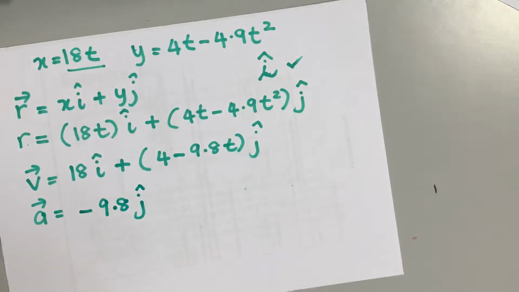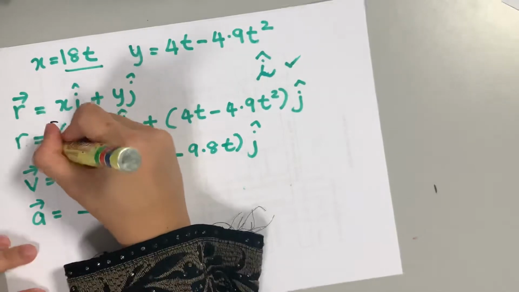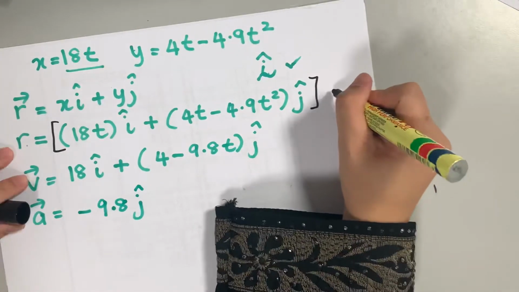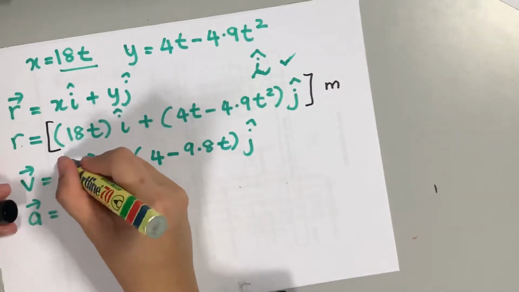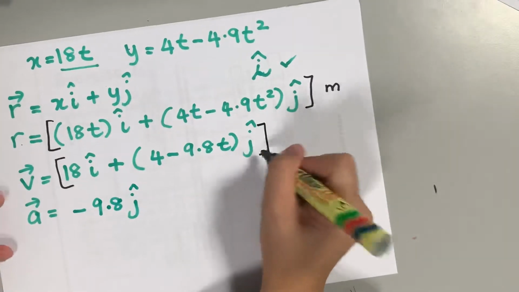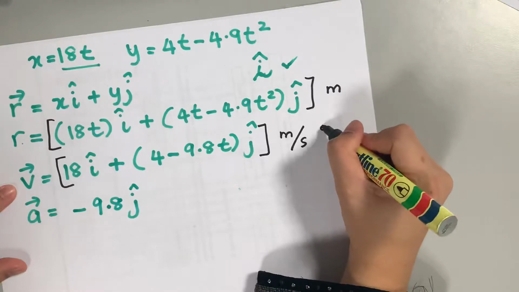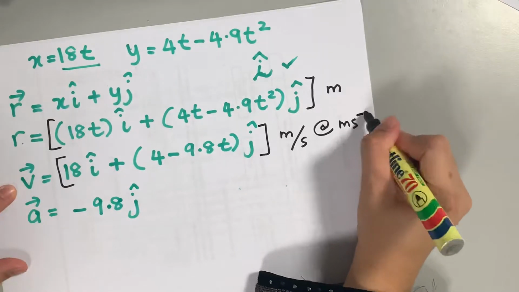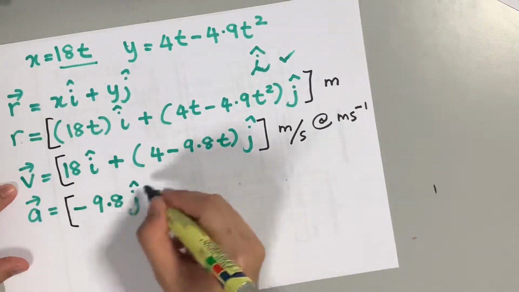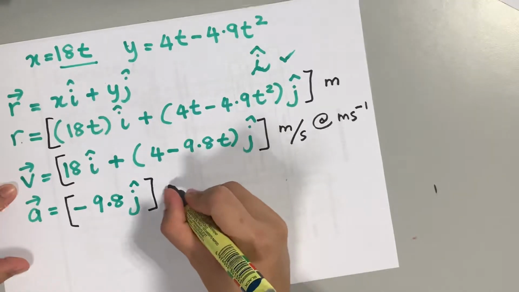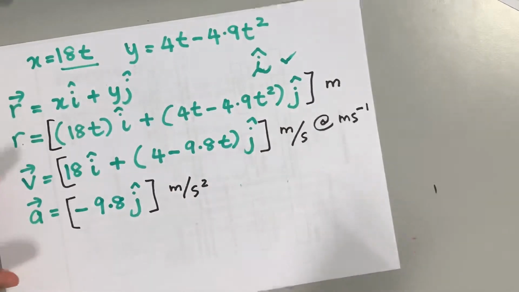If you are not confused with your own handwriting, you can put the big bracket here. So position unit is meter. Put a big bracket here. Velocity is meter per second, or you can even write as ms minus 1. This one, a big bracket here, you will get meter per second squared unit.